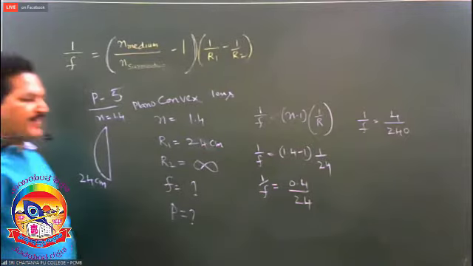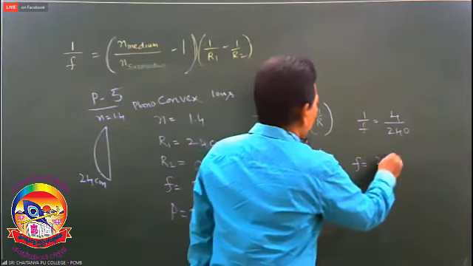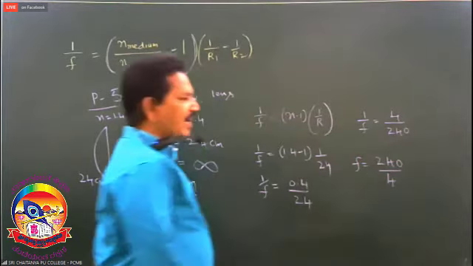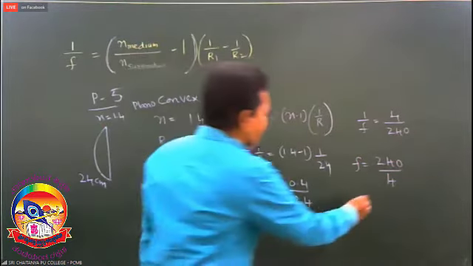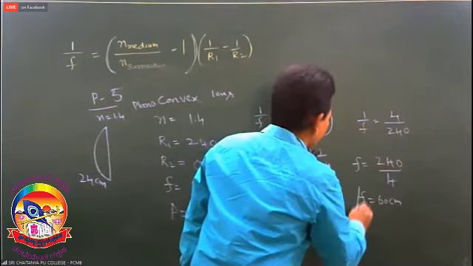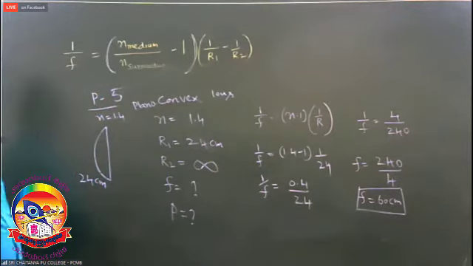Then F is equal to 240 by 4. 4 sixes are 24. Then F is equal to 60 centimeters. Focal length 60 centimeters, positive only.